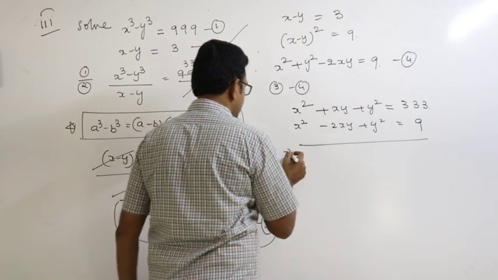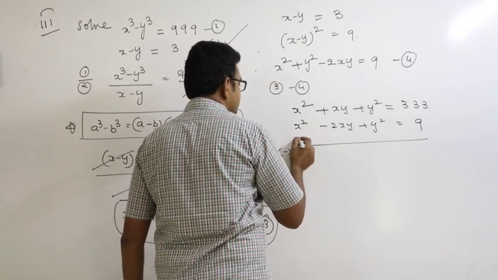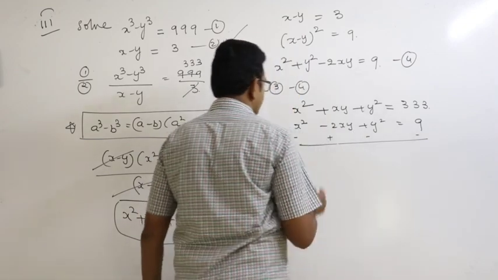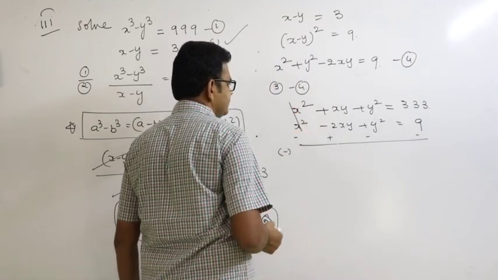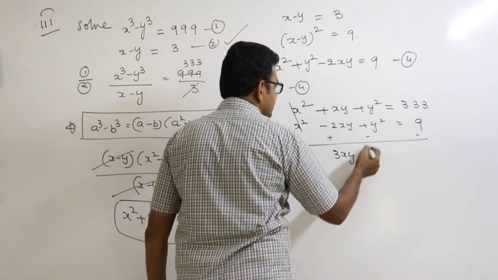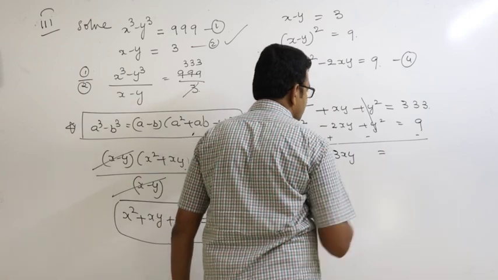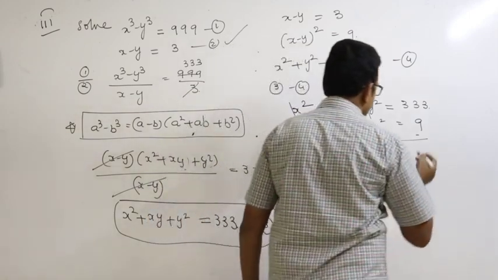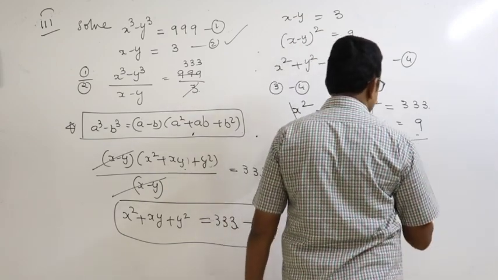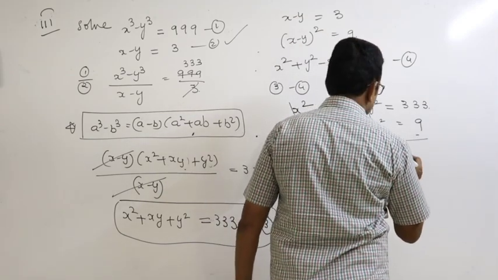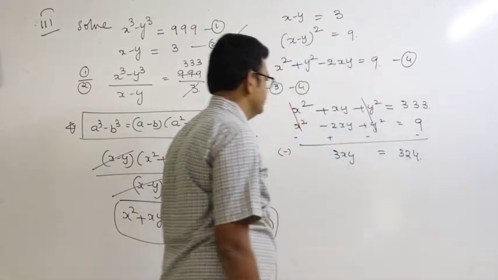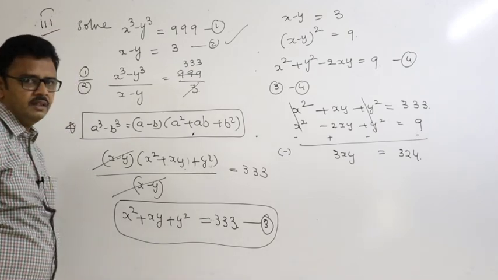By subtracting these two, x square gets cancelled, xy plus 2xy is 3xy, and y square gets cancelled, equal to 333 minus 9, that is 324.